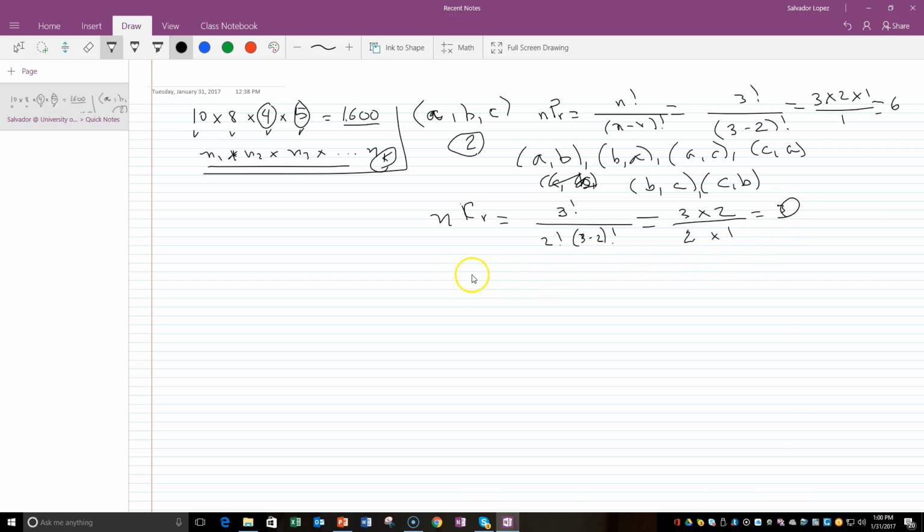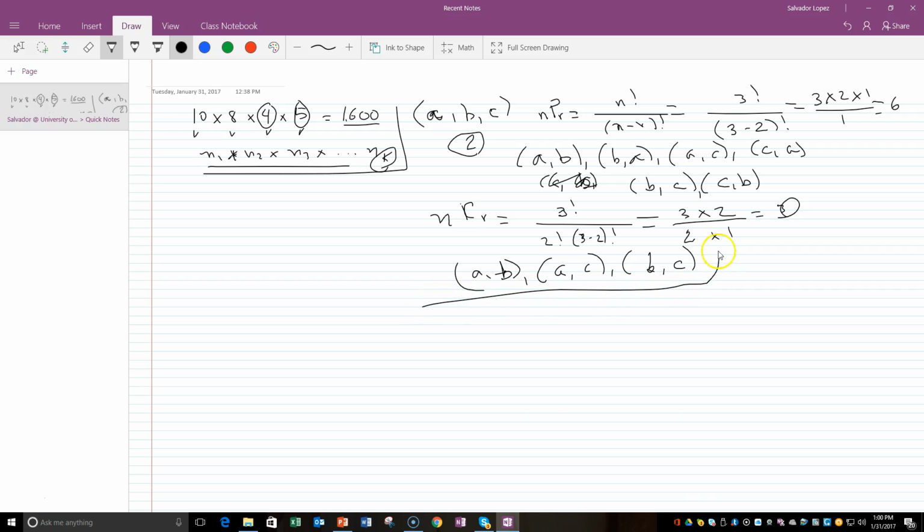What are those possible outcomes? Well, AB, now remember BA we cannot include, so we go to AC, and CA is not possible either. And finally, we have BC, and CB is not included.